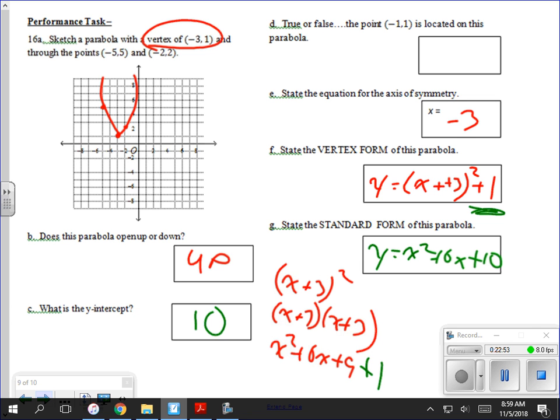See if you get 1 for y. Probably not. Because if this is the vertex, I only have 1 point where y equals 1, so it's going to be no. I can kind of tell from the graph for sure. But if I want to do it algebraically, plug in negative 1 here. Negative 1 plus 3 is 2. 2 squared is 4. 4 plus 1 is 5. So this would be a false.